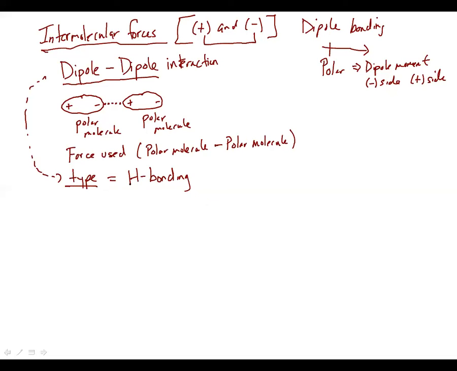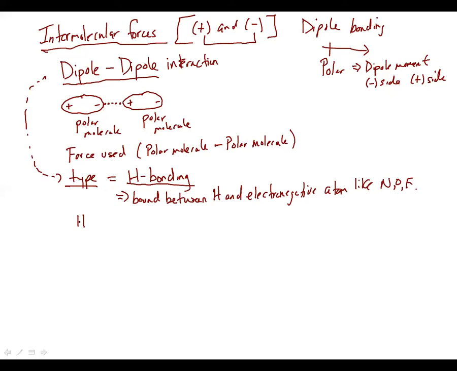And hydrogen bonding, as the name implies, is a bond between hydrogen and an electronegative atom, like nitrogen, oxygen, and fluorine. And if you look on the periodic table, those guys are right there in the same row, right next to each other: nitrogen, oxygen, and fluorine.